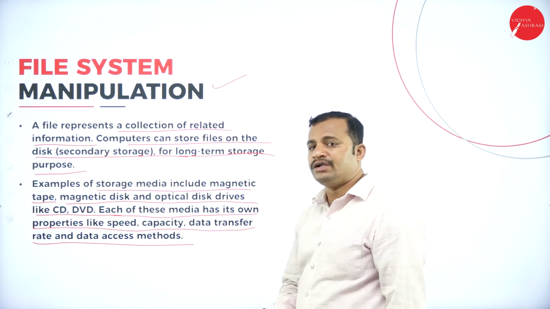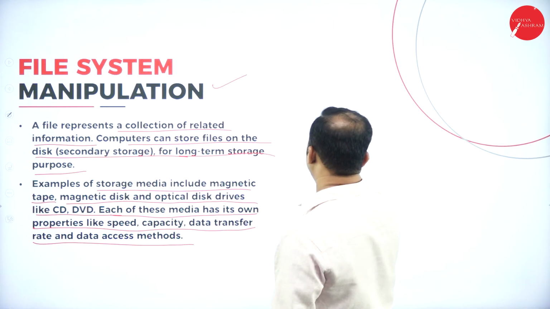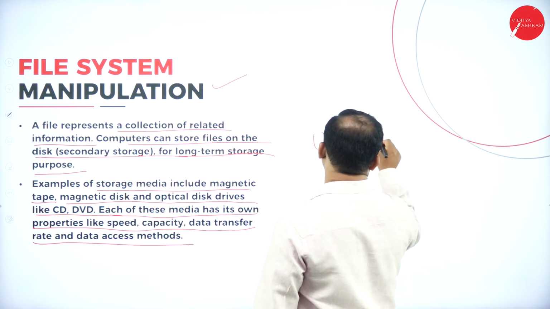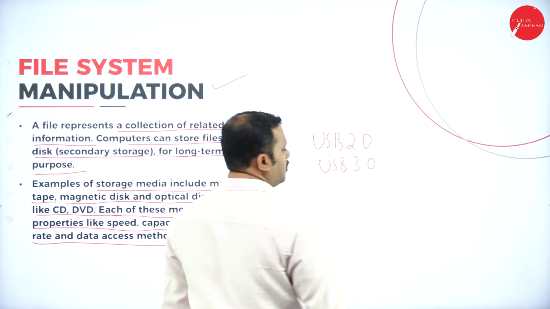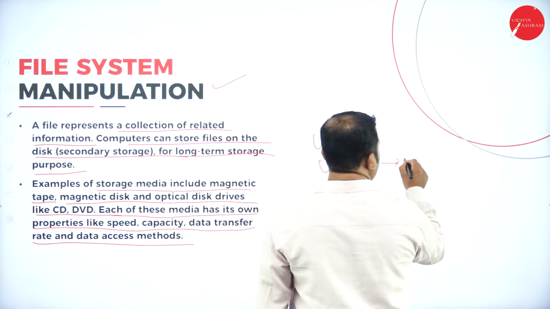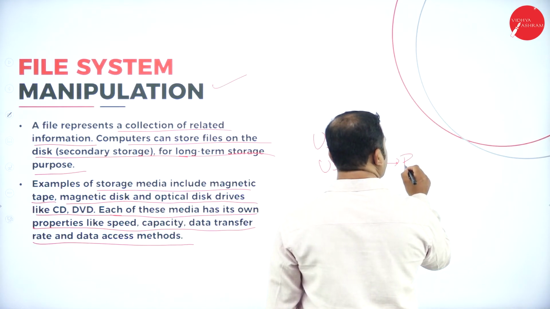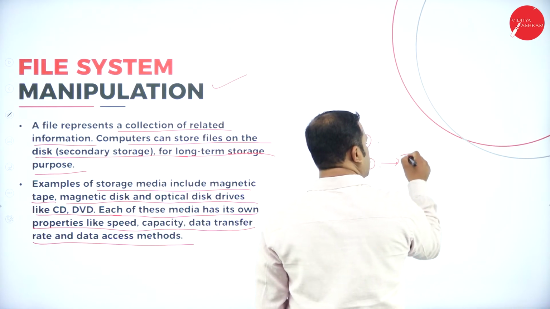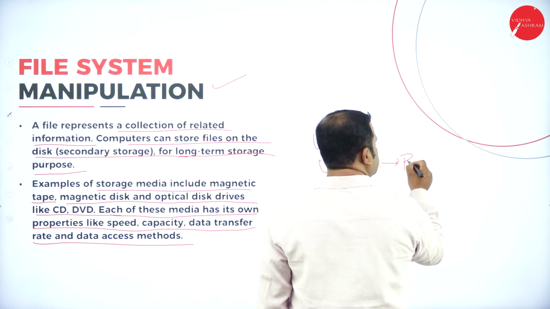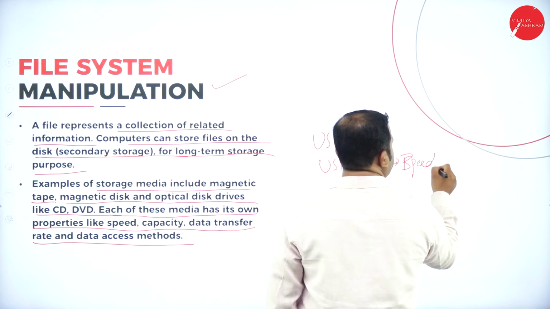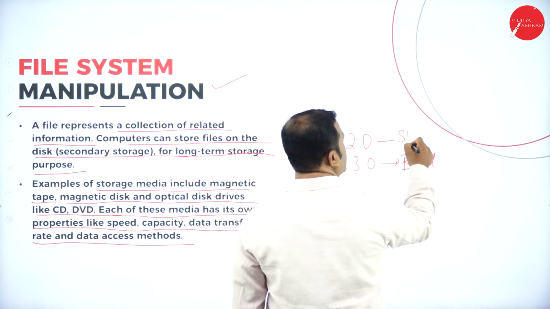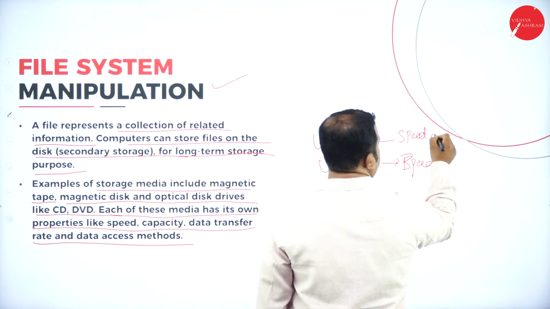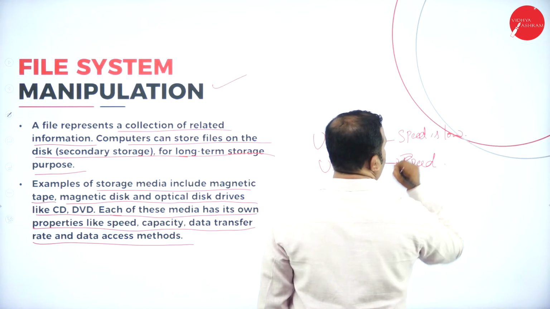For example, I will take the example of USB 2.0 and USB 3.0. What is the difference between them? With USB 3.0, the transfer of data from the computer to the USB is very fast. That is, the speed is very high. If you consider USB 2.0, the speed is very low.